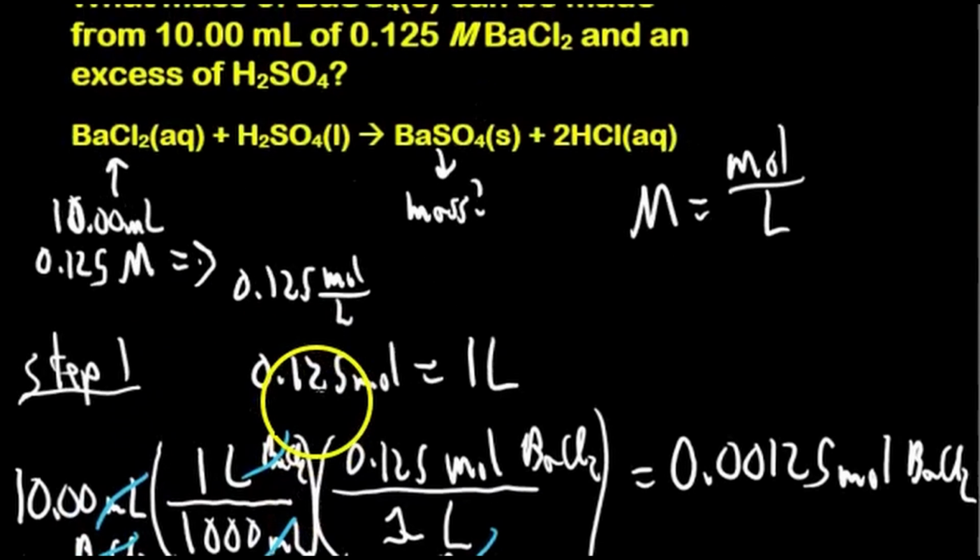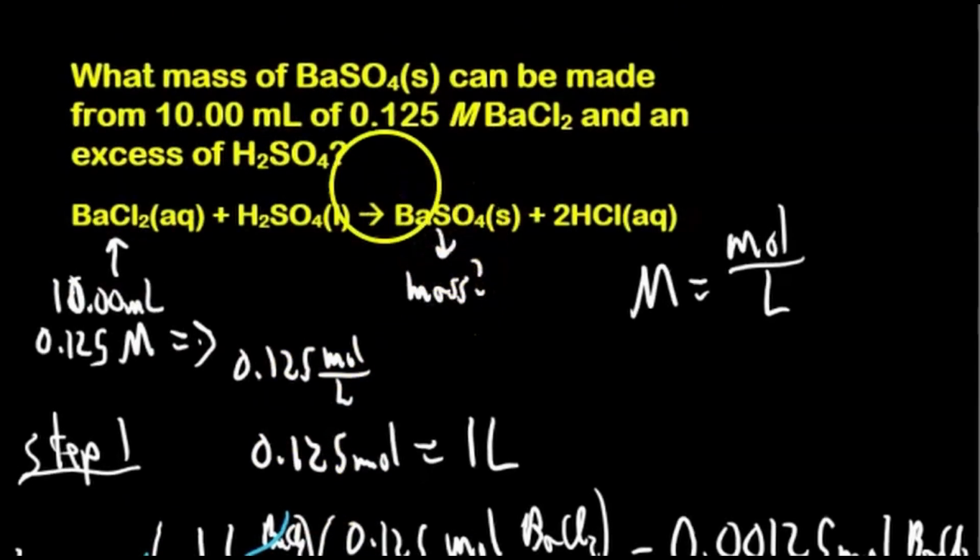What's our desired? This is our desired here. They talk about H2SO4, but it says we have an excess of H2SO4, so we have like a truckload of this stuff. So this is an excess, so it's not going to limit how much we make. And is this balanced? Oh yeah, this is balanced. Barium, barium, sulfate.